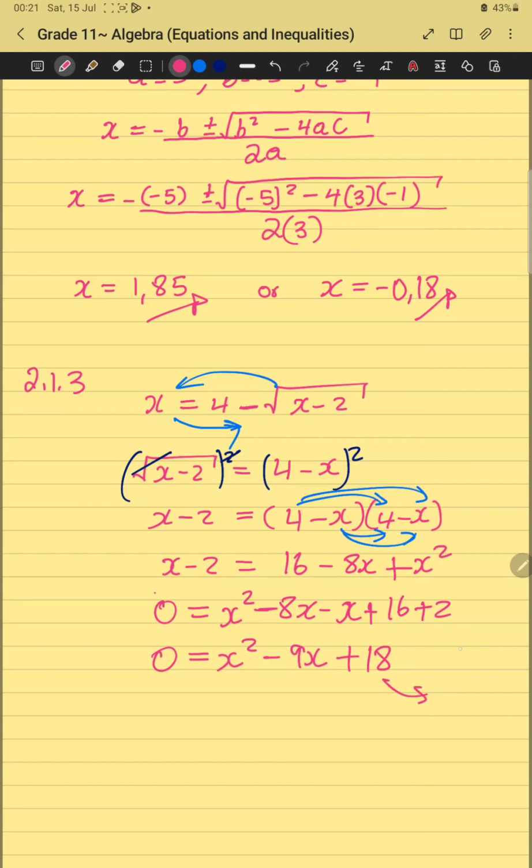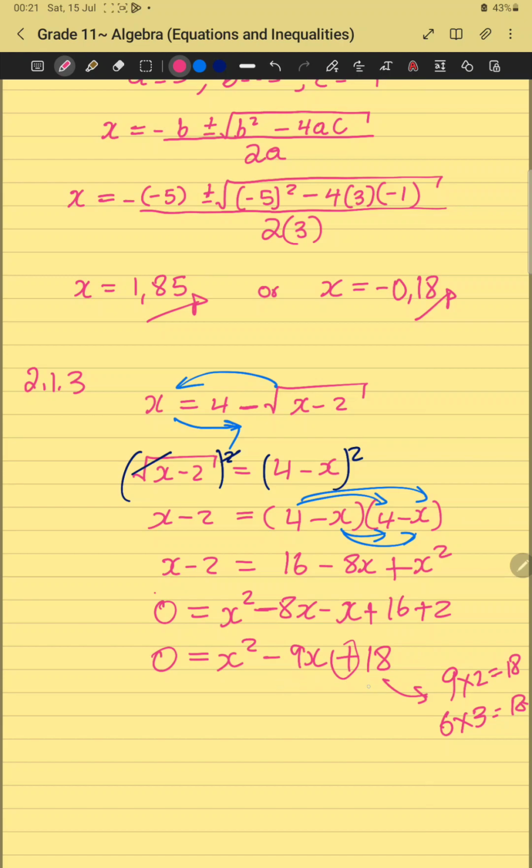Factors of 18: we're going to use 9 times 2, it is 18, and also 6 times 3, it is 18. But if this sign here is positive, it means that we have to add those two factors to get the middle term.